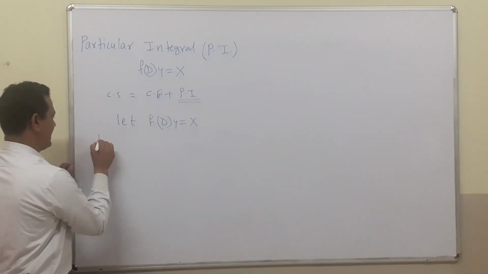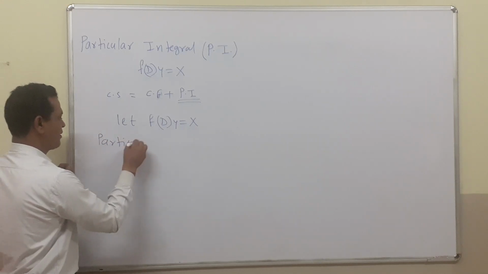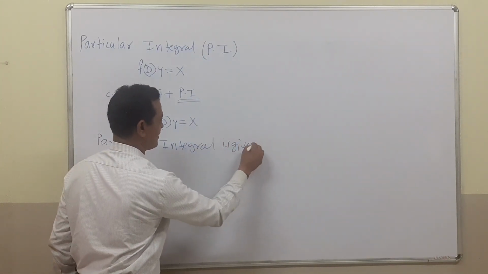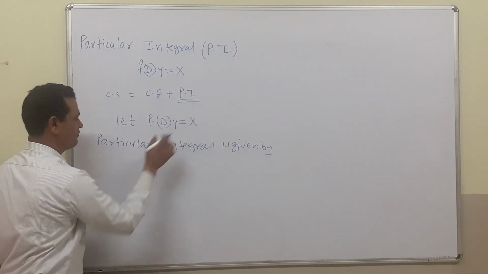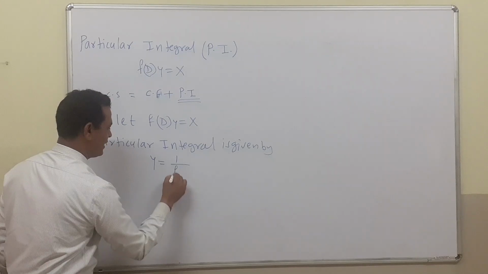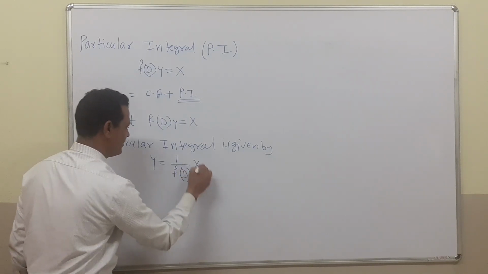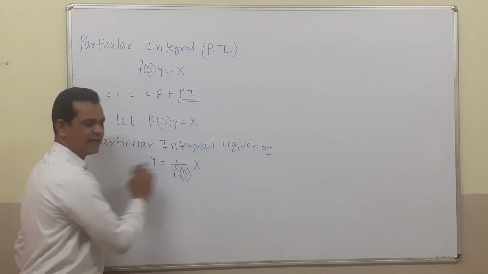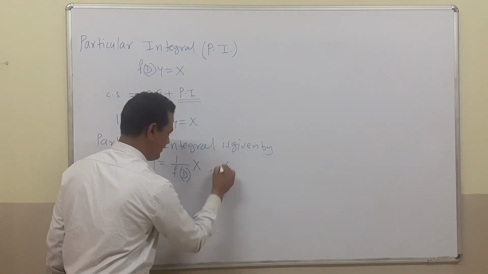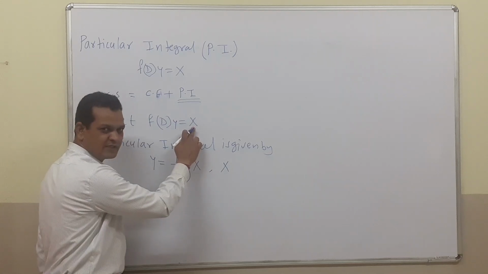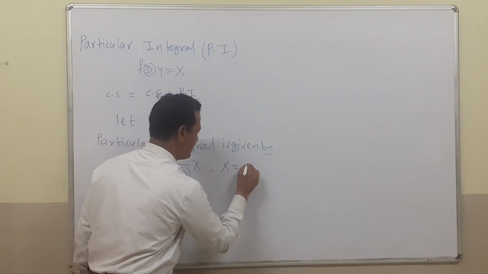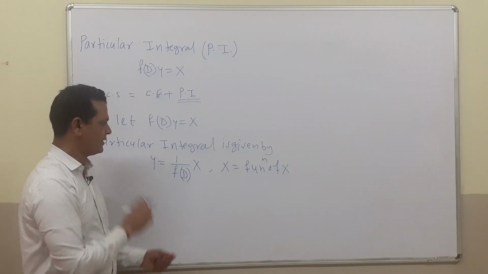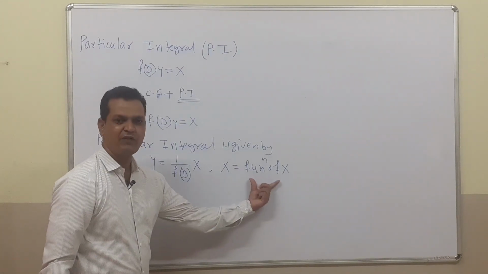Then the particular integral of this equation is given by y is equal to 1 upon f of D times capital X. So this is the way we get the value of particular integral, where the right hand side of this equation, capital X, is a function of x. So again the question arises, what is the meaning of capital X being a function of x?